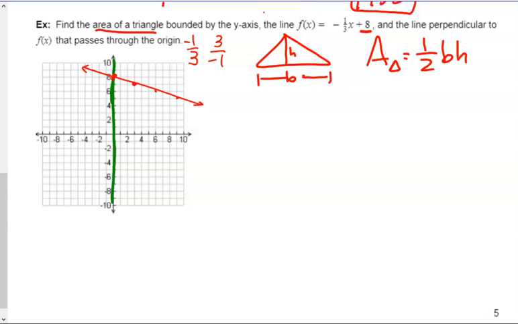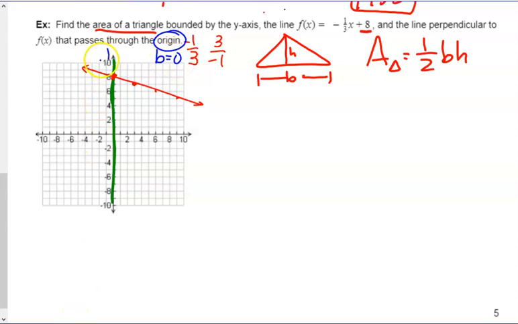Now, that's part of what I need, but here we also are being bounded by the line perpendicular to our function that we just drew that passes through the origin. Therefore, that is b. That origin is b.